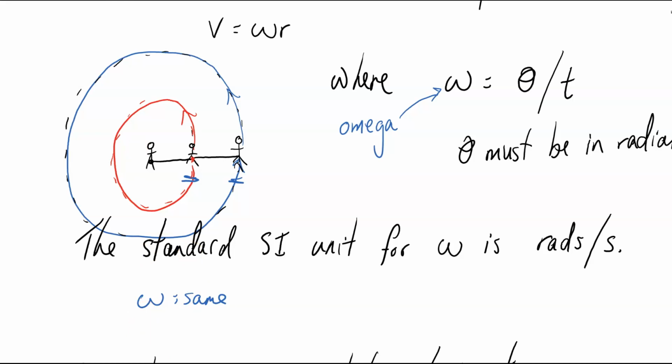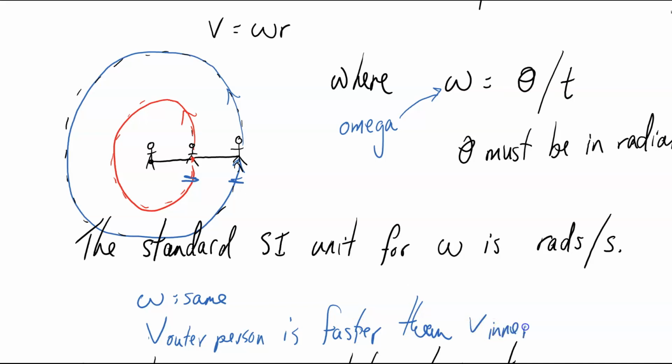So V for the outer person is faster than V for the inner, right? He's whipping around much faster than the one on the inside. So the radius, which is this distance, is relevant. The further out you are, the faster you have to travel to get back around to the same point.